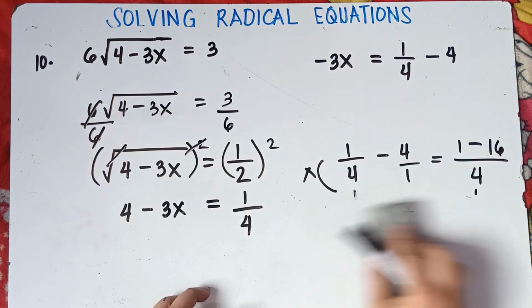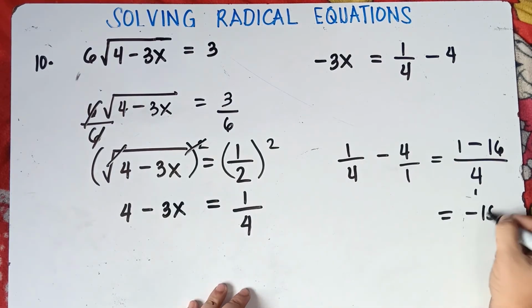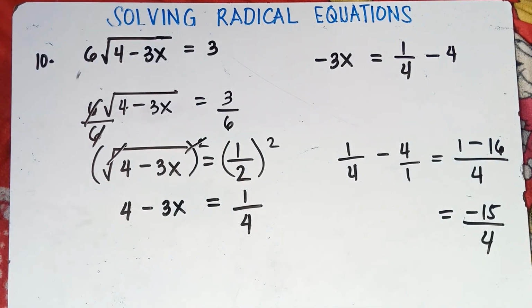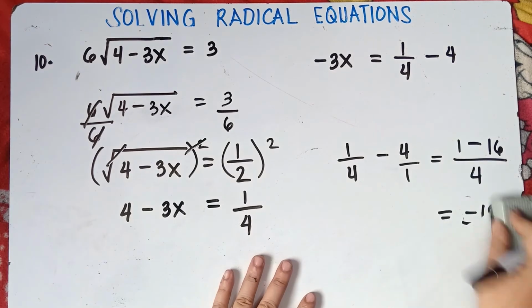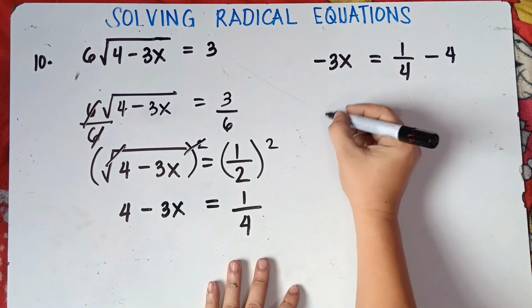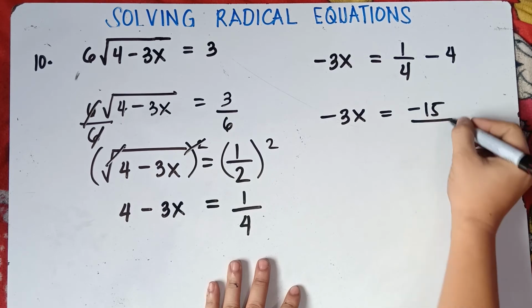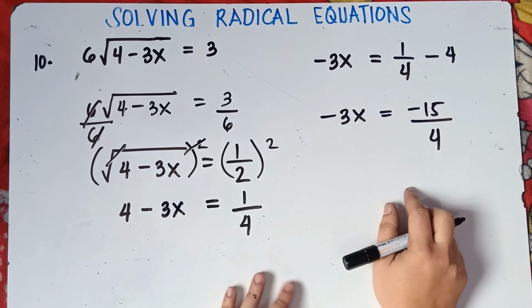Alright, and this will be 1 minus 16, that's negative 15. Then copy 4. So negative 15 over 4. Copy negative 3x equals negative 15 over 4. Once again, 1/4 minus 4, that's negative 15 over 4.